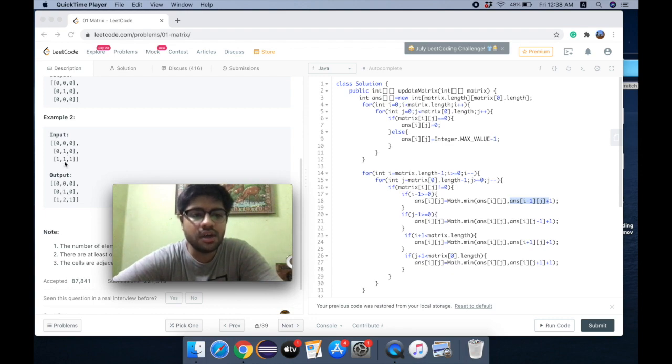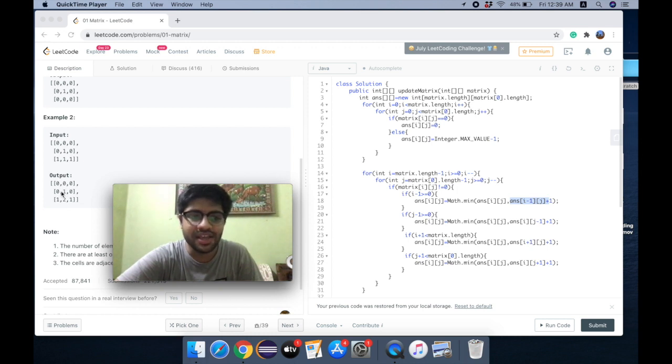And if we see down here, then down would be Integer.MAX_VALUE. So right now it is 2 in the solution, but in our matrix, once we are iterating from top, we will have infinity here. So that would be infinity plus 1, and infinity plus 1 is not the correct answer.